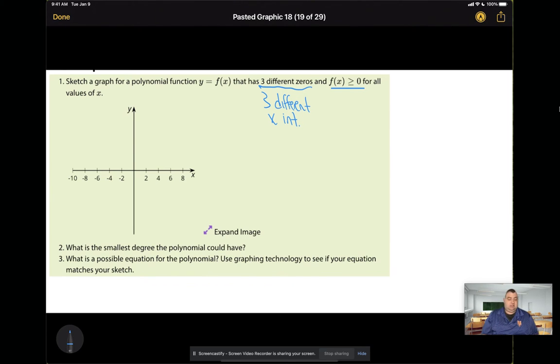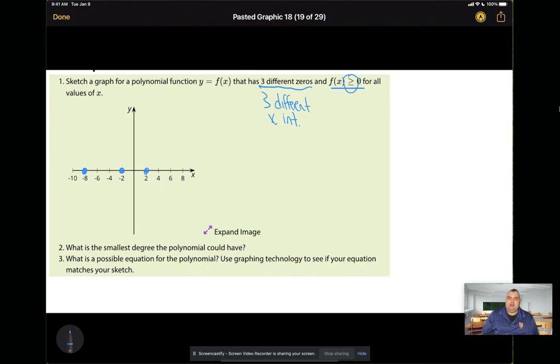So to sketch it, I'm just going to pick three random points on the X-axis. So I'm going to pick here, I'm going to pick here, and I'm going to pick here. So that's the first requirement. The second requirement is that f of x has to be greater than or equal to 0.